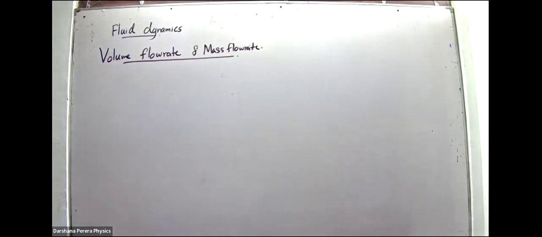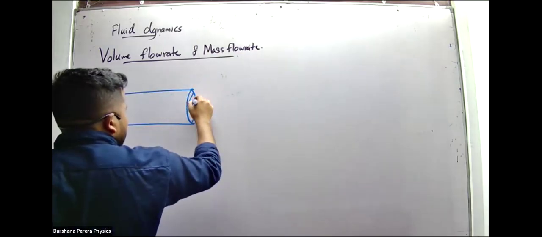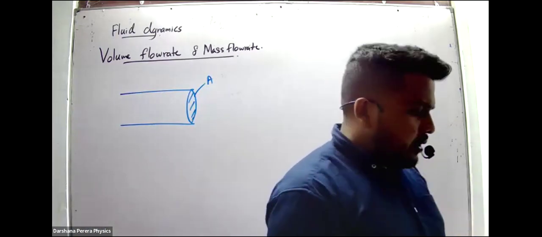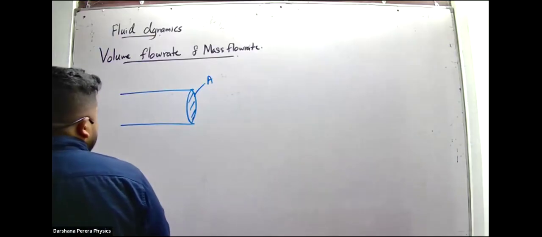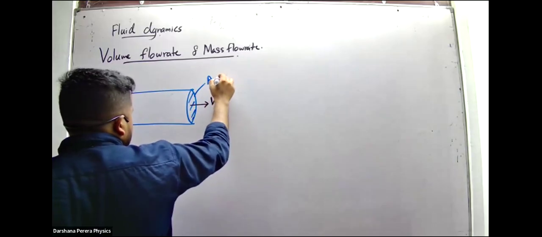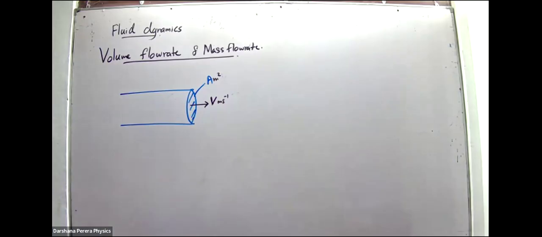Then write down. Consider a fluid passing through a tube, a tube having a cross section A, with velocity v, right.